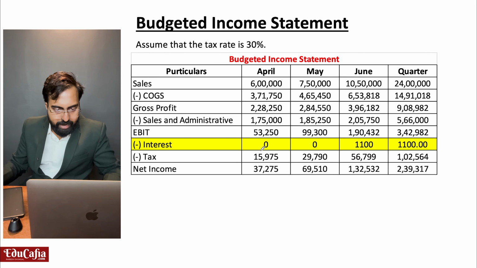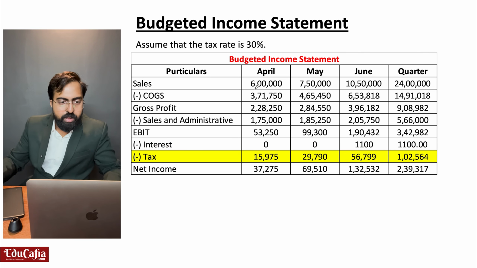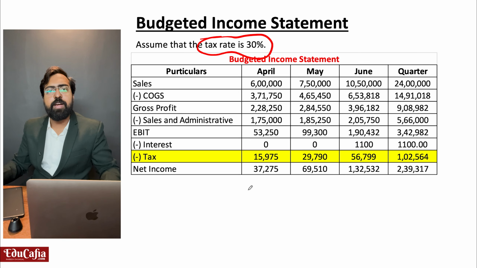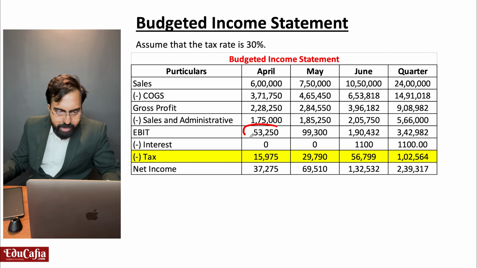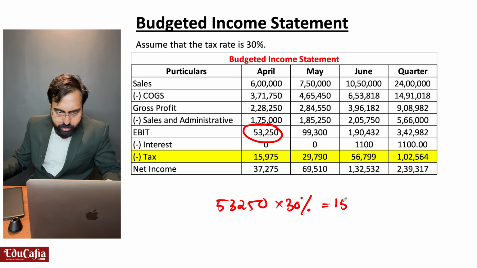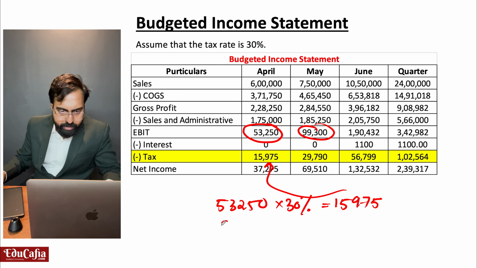Then tax. We got that in the question itself, a 30% tax rate is given. So of this EBIT 53,250 we have to find 30%. That is the tax, right? 15,975. Here, 99,300 at 30% is equal to 29,790.